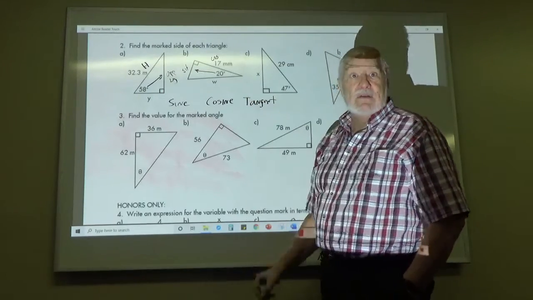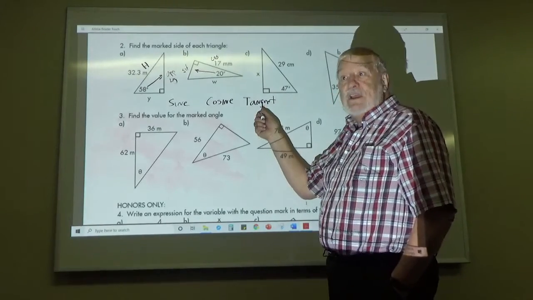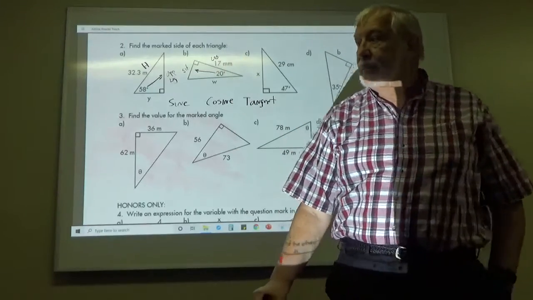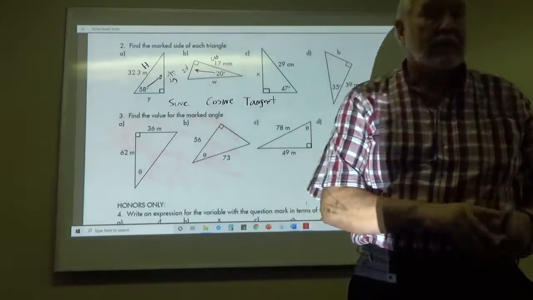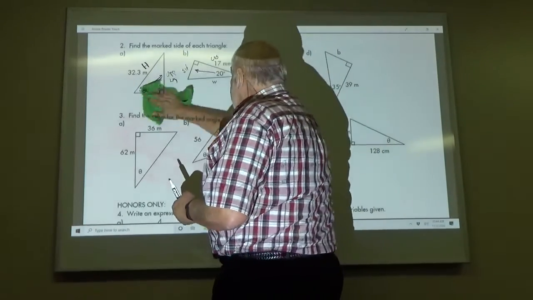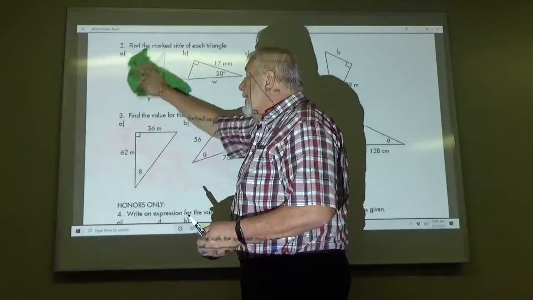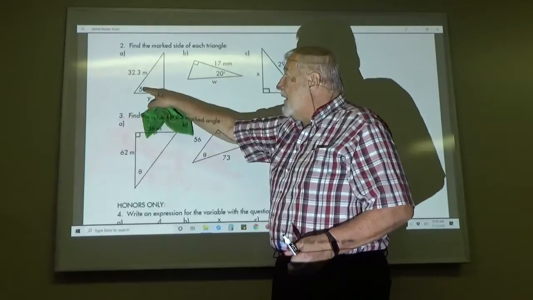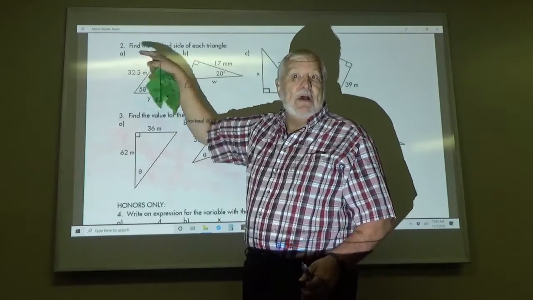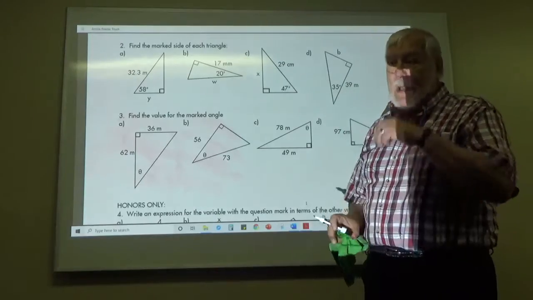Sine over the hypotenuse. Tangent is the sine leg over the cosine leg. As far as definitions are concerned, if they ask you for the sine, it is the leg that's opposite, so it's this leg over the hypotenuse as a fraction. Whatever that number is, that's the value for the sine.